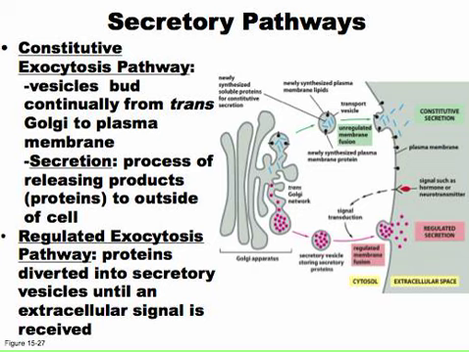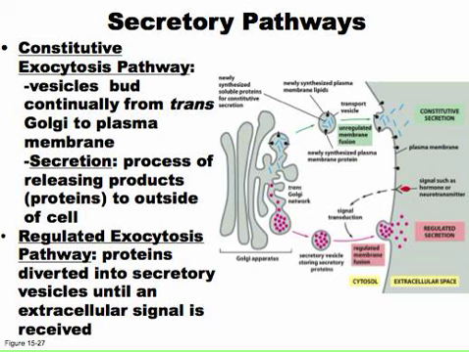Now, not everything in the cell is going to exit the cell in a constitutive way or in a steady way. Another pathway that can be used is called regulated exocytosis. Now here, proteins are going to be diverted into secretory vesicles until an external signal is received. And so a good example for these are hormones or neurotransmitters.